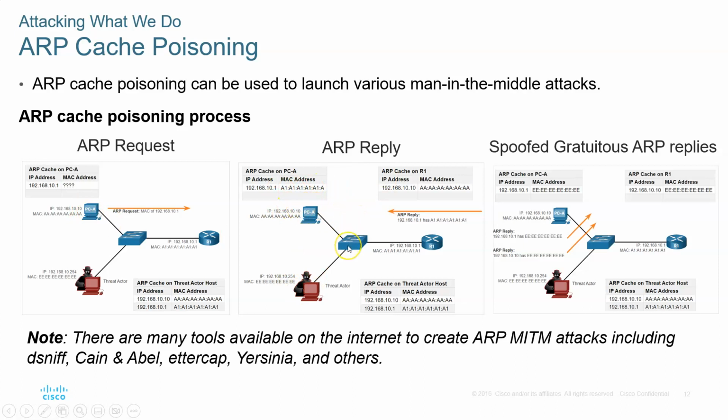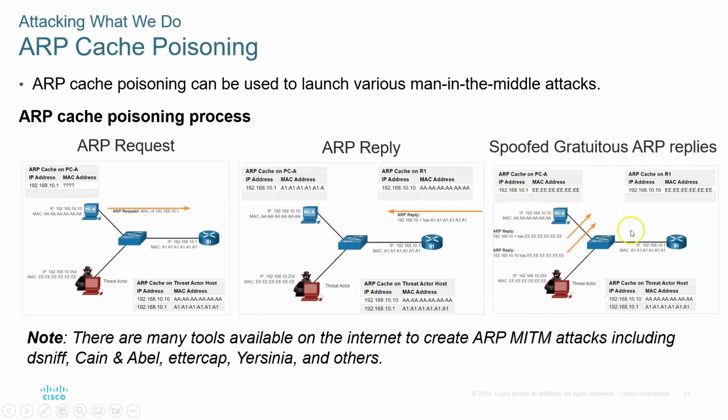Because it's a broadcast message, this attacker knows the MAC address also of the default gateway. So what is he going to do? He will send a gratuitous reply without PCA actually requesting it, telling him, hey, MAC address A1, A1, A1, A1 is me.